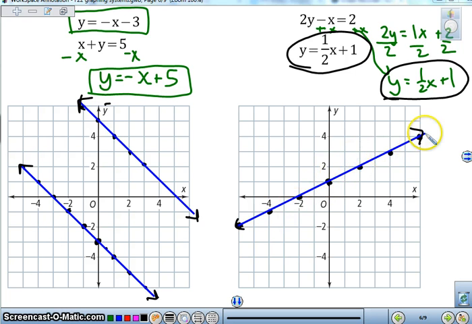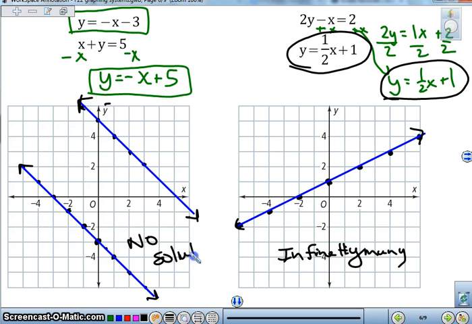The other line went right on top of it. So I have infinitely many solutions here, because every point on the line is going to be a solution. And in the other one over here, there is no solution because these two lines will never intersect. They have the same slope.